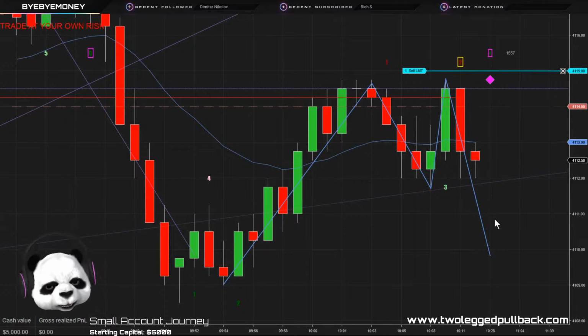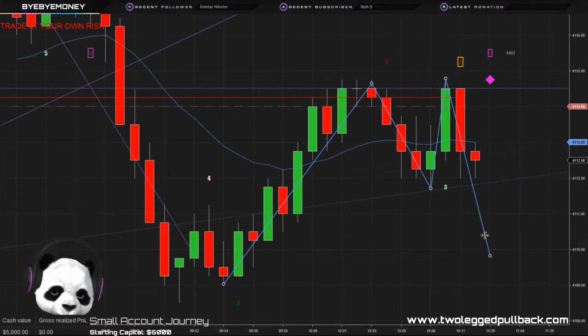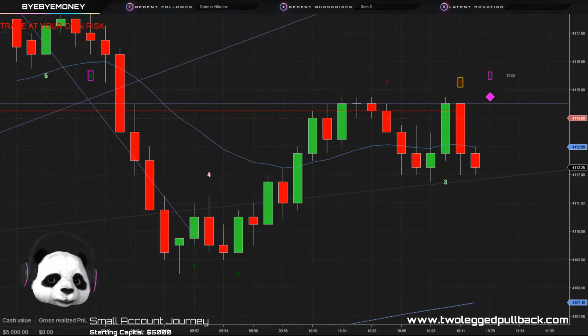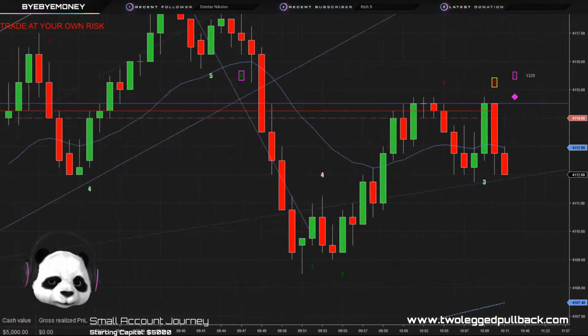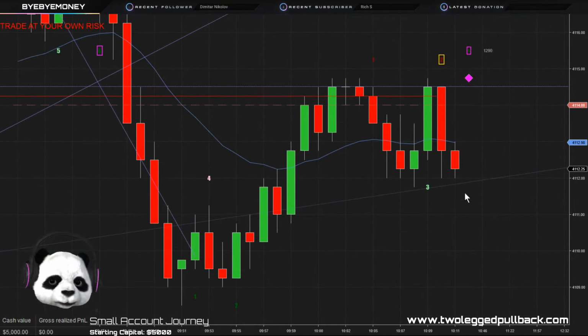Ooh, I'm interested in this, but I want a deeper retracement here. I'm getting conflicting stories here at the moment. That's hard. I might miss a scalp, but this is the signal bar at the moment.